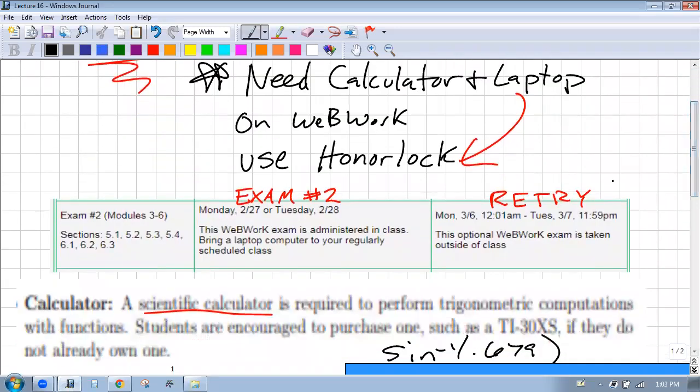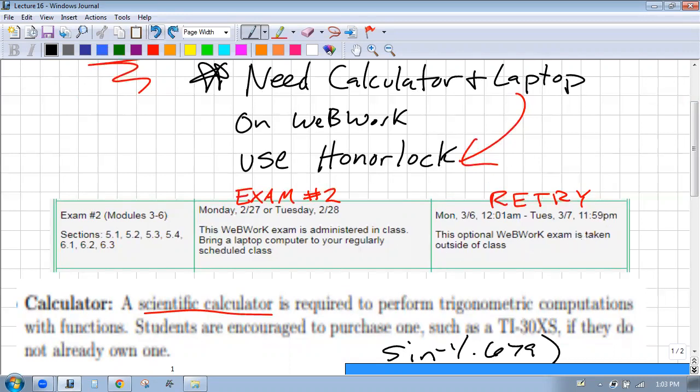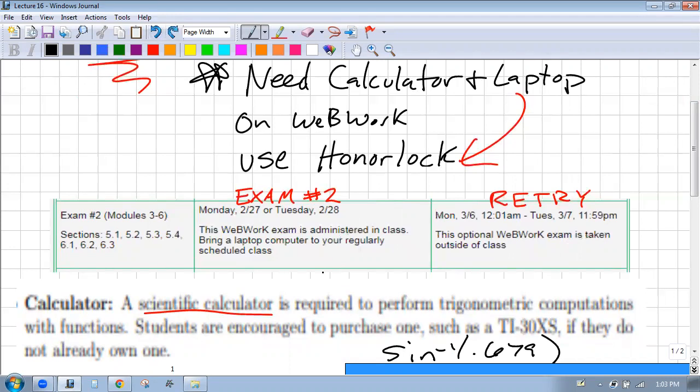So remember, there is the exam retry. Now, unfortunately, like the word retry here, we're not going to take the best of your two grades. Typically, that's what retry would mean, right? It's not what it is in here. Remember, with the retry, at best you can get back half the points you missed on the exam, okay? And in order to take the retry, you have to do the corrections for the exam, and then take them to the math gym and have the tutor there review it and sign off on your corrections.